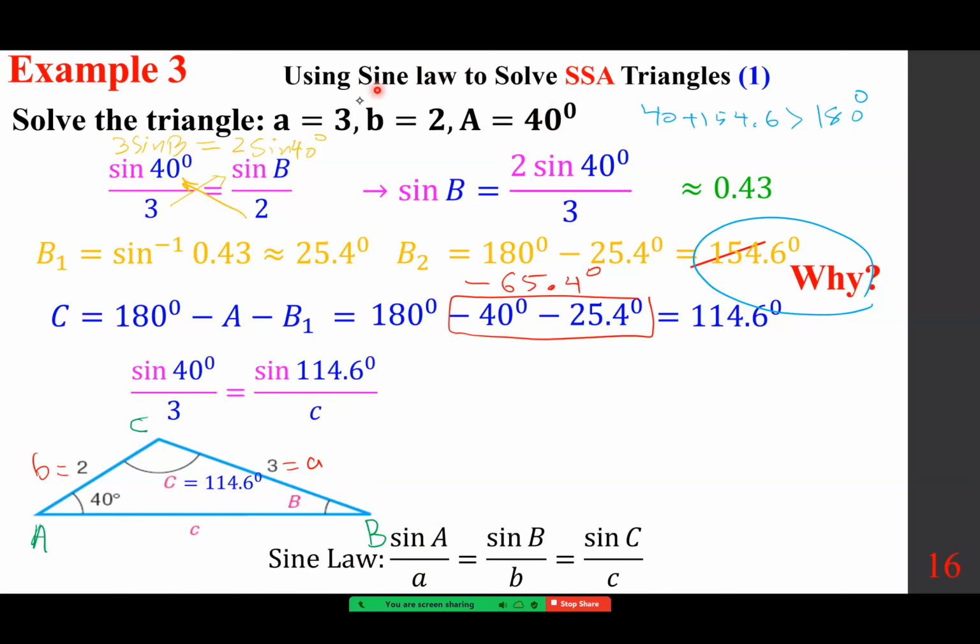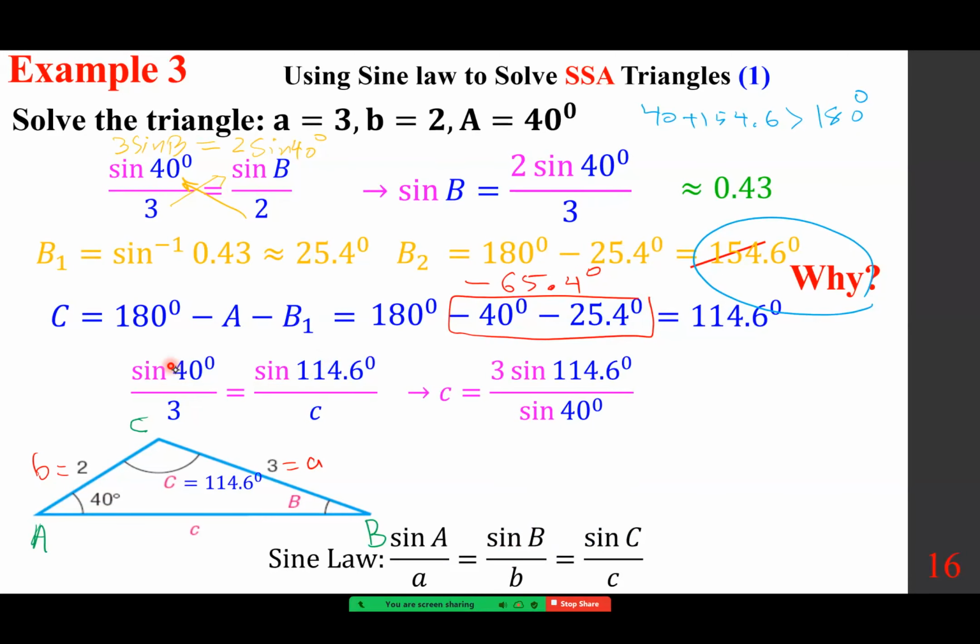You always use the known values because you don't want to take a chance. Cross product. So C times sine 40 is the product of these two pieces. C is the product of these two pieces divided by sine 40. I've shown you that a number of times. And you work it out.